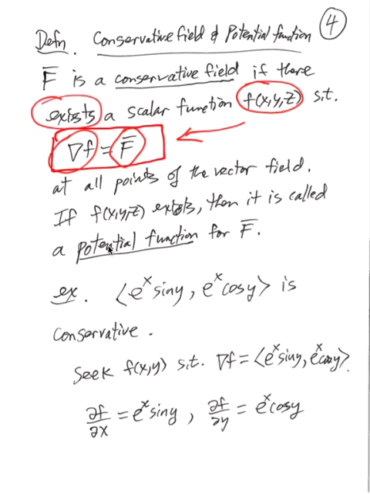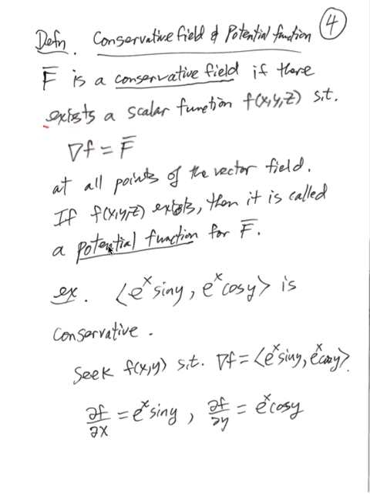Many times one doesn't exist, but if there does, then we call that thing a conservative field, because a conservative field has special properties that are going to be really nice for computing things like line integrals.